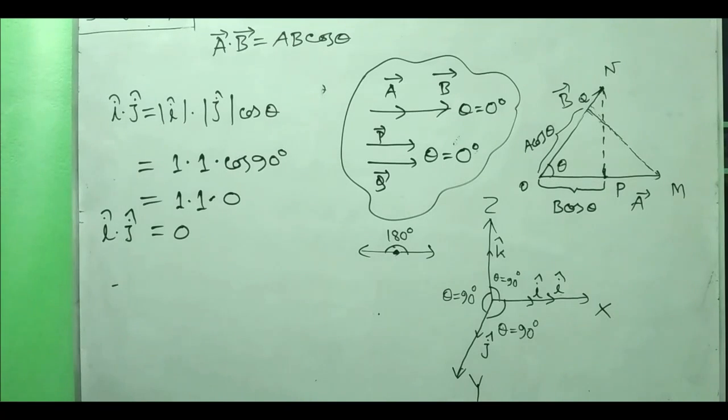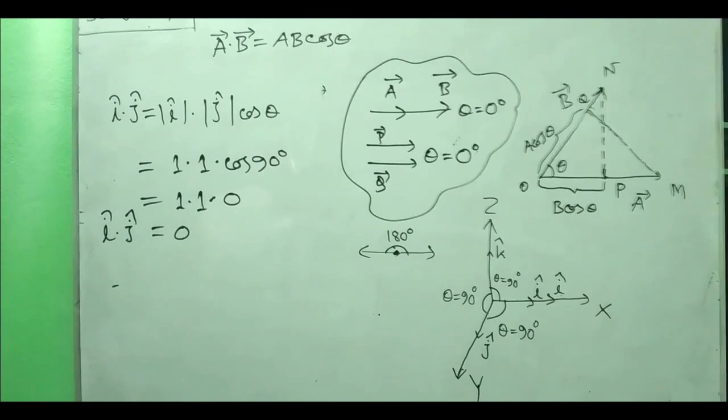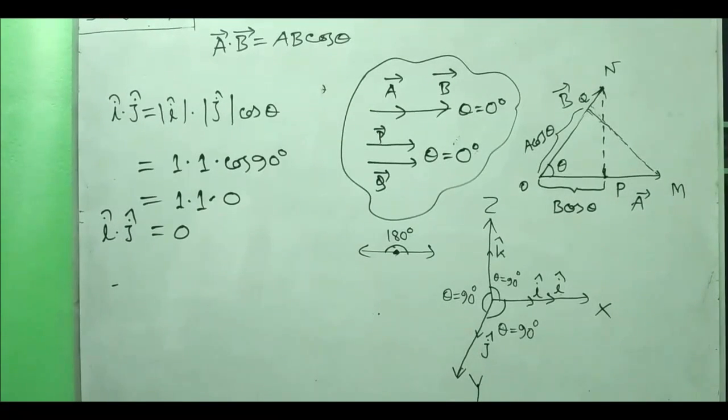All these are very important properties of the scalar product or dot product. From this information we can finally write it this way. We have already seen that when we multiply two different unit vectors the value will be 0.